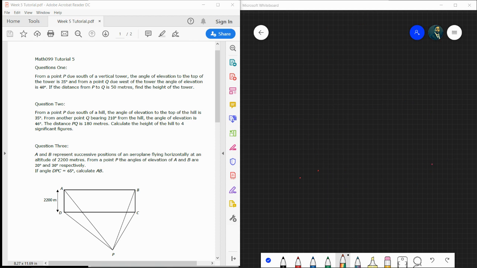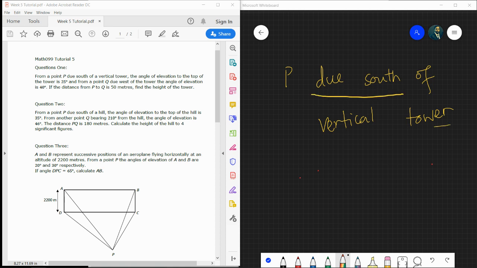The next part is when it says P due south of a vertical tower. So many students don't understand what that means. So what does due south mean?